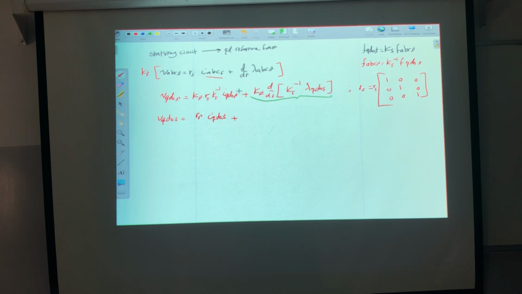I need to expand it. Is KS time dependent? KS is time varying because until now I'm not specifying the reference frame. It's arbitrary, it rotates with any speed. So it depends on theta. So it's time varying.